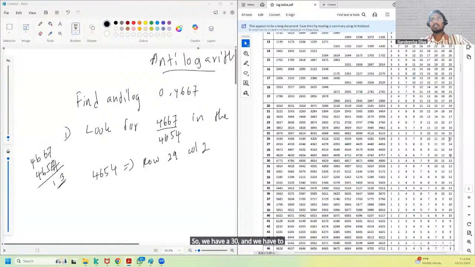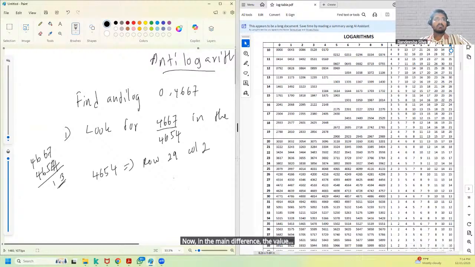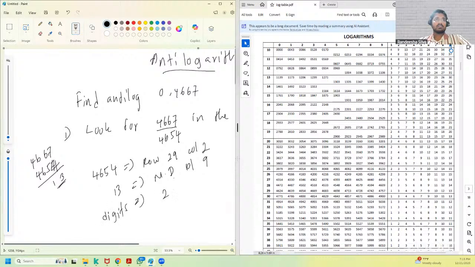We have to check in the mean difference column, related to this same row number. In row number 29, I'm going to check whether there's a 13 value. Yes, 13 is there. The column is 9 in the mean difference. So the digits are 2, 9, again 9.